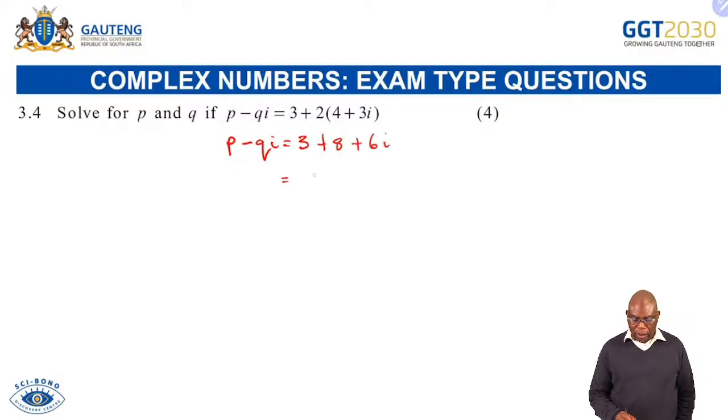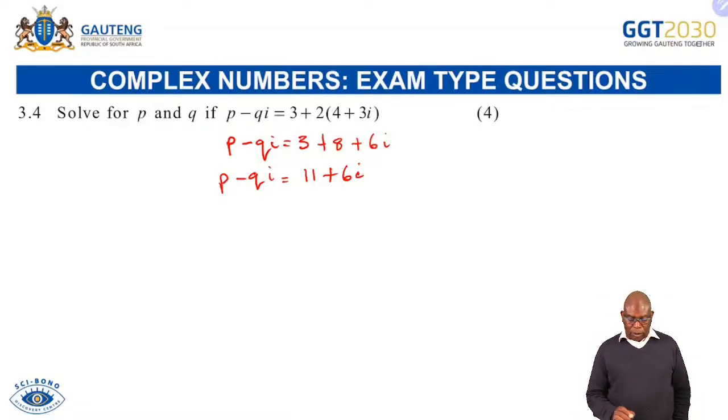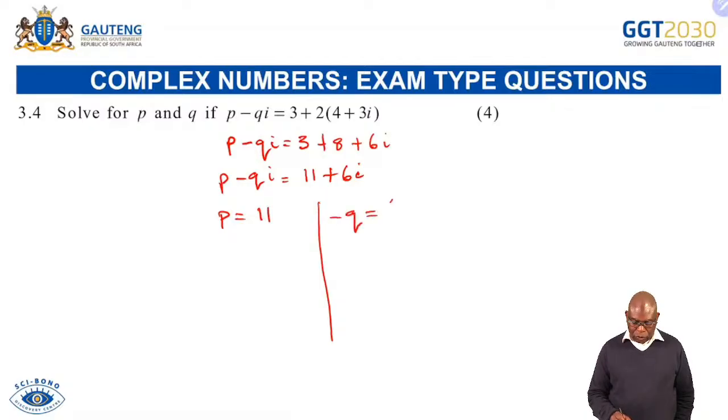So I can just add the numbers, so it will be 11 plus 6i, p minus qi, then just equate p equals 11, and on the other side, minus q equals 6, and then q will be equal to negative 6. And that is done. Okay.